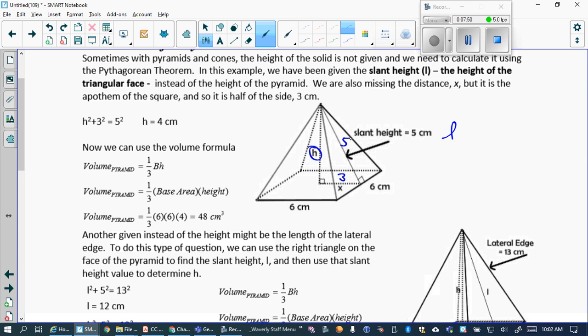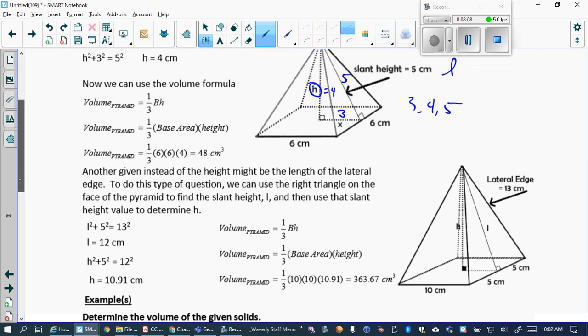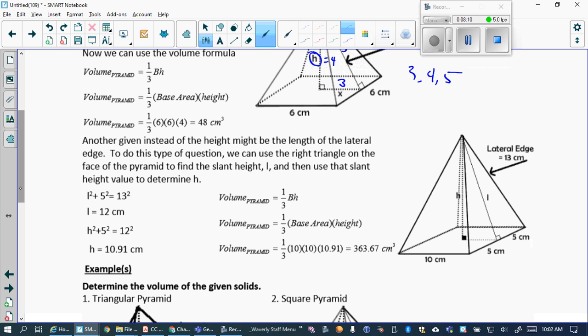Yeah, it's a 3, 4, 5. So the height is what? Height is 4. And now we can go in and find our volume. One-third, 6 times 4, the height, gives you 48 cubic centimeters.